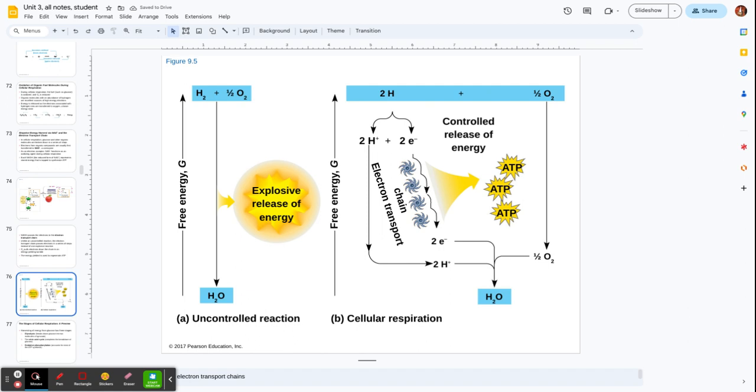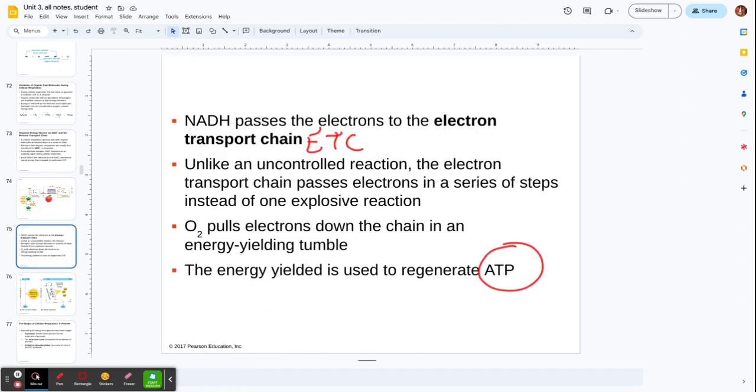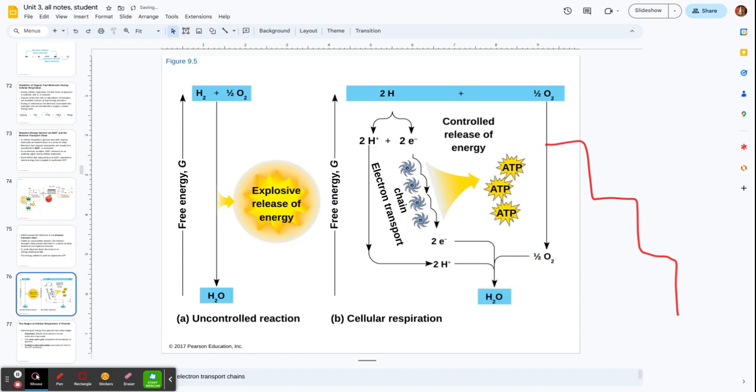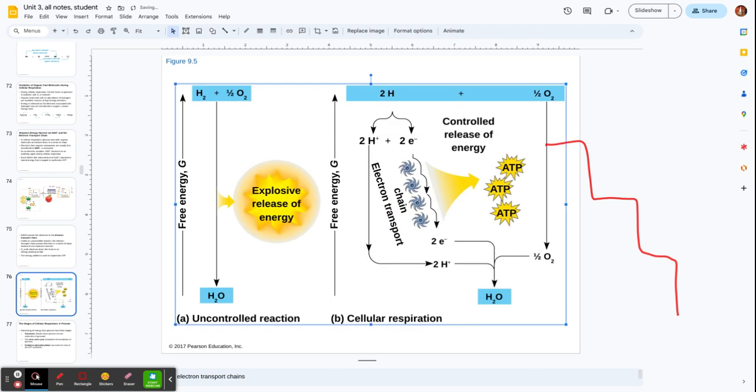And the reason it's step by step, again, like going down stair steps, is because if we did it all at once, that release of energy would be explosive and really not beneficial. Probably pretty disastrous to our cells.